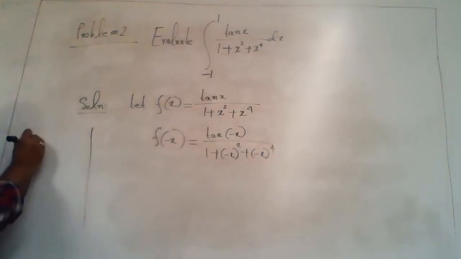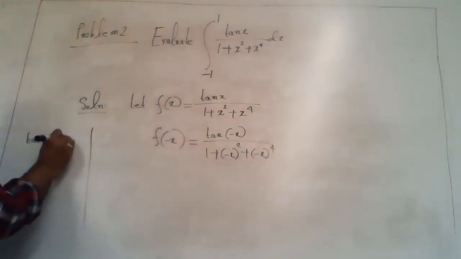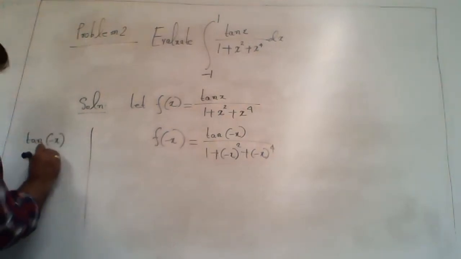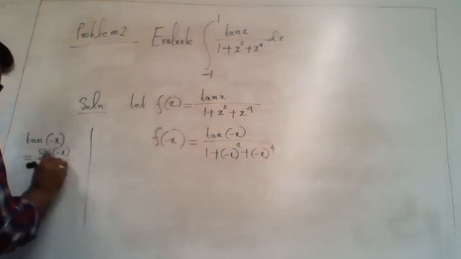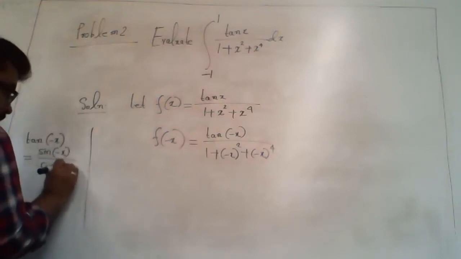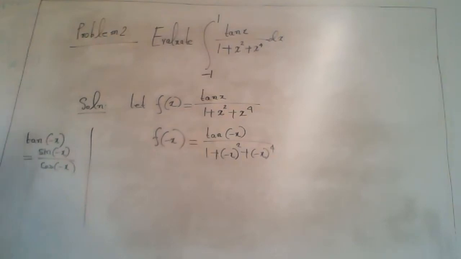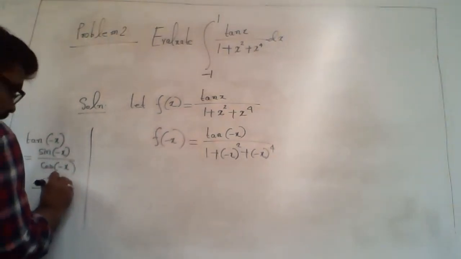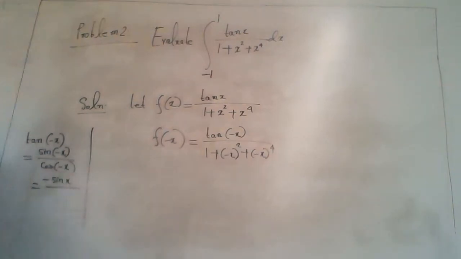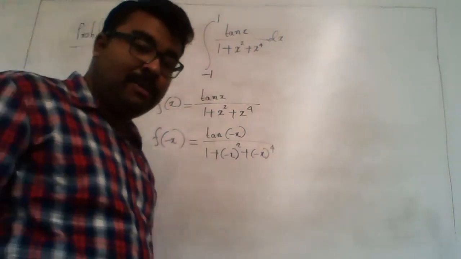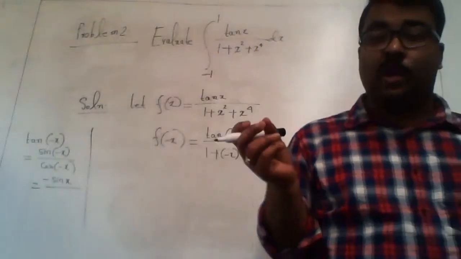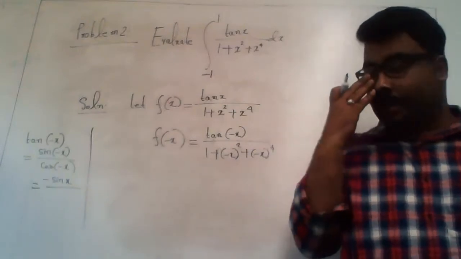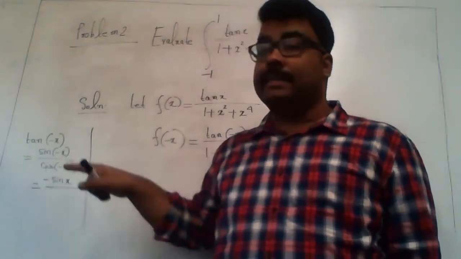Tan of minus x means sine of minus x divided by cosine of minus x, right? Sine of minus x is minus sine x. This is a property from trigonometry. Sine of minus x is always minus sine x, and cosine of minus x is always cosine x.